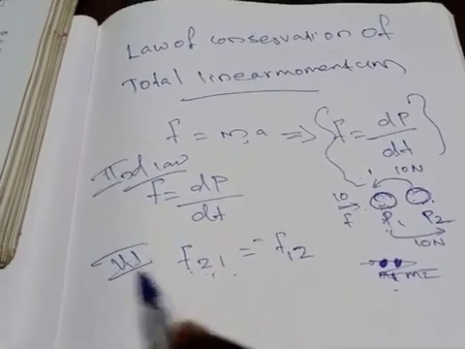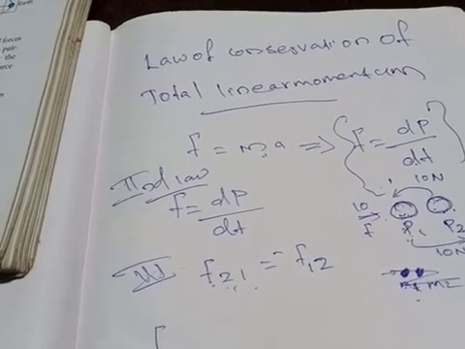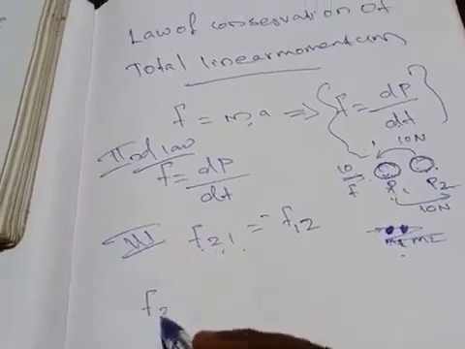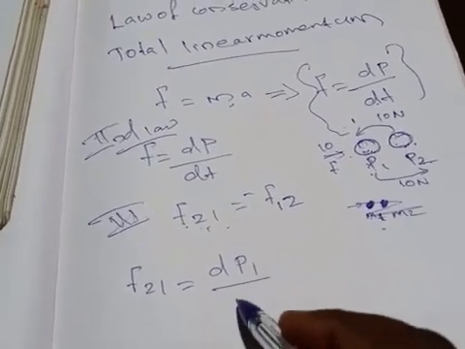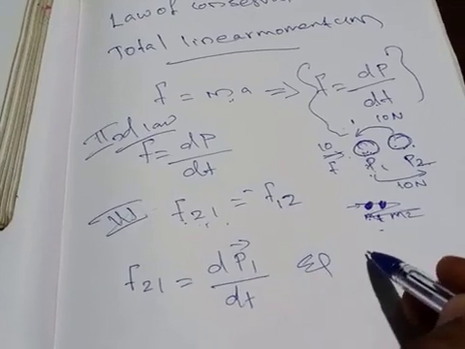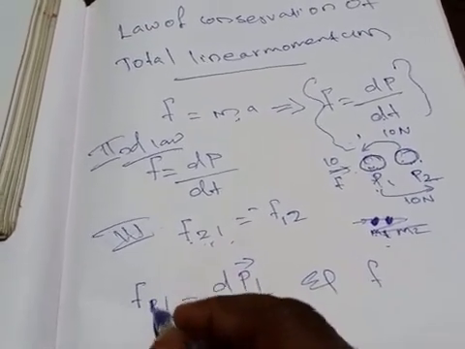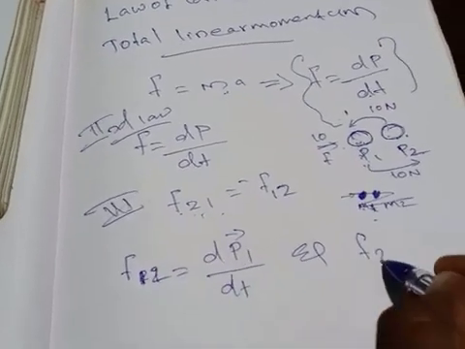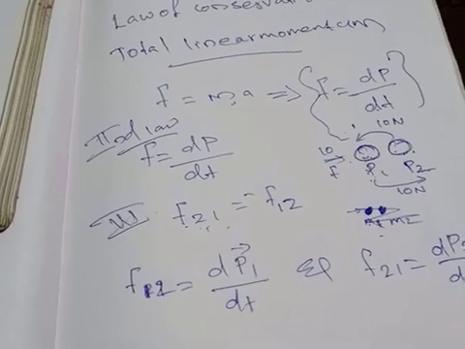If we take the same in Newton's second law, F21 you can write as dP1 by dt, and F12 you can write as dP2 by dt.